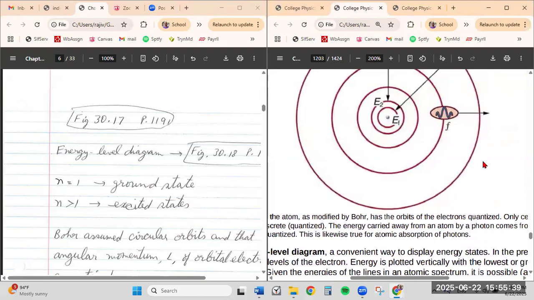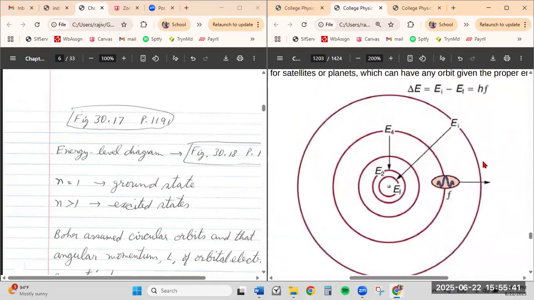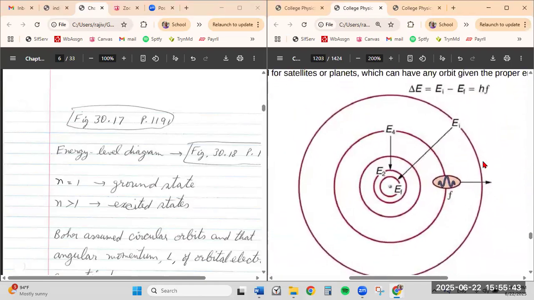So this is sort of Bohr's reworking of the planetary model of the electron of the atom. These circles that you see here are the different possible orbits that the electron can be in.